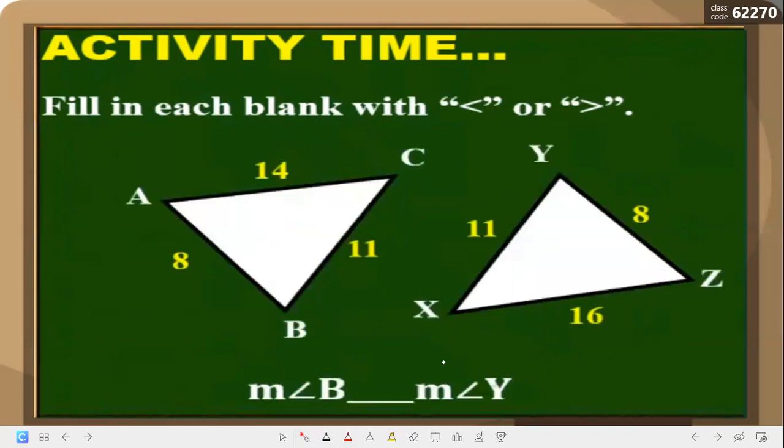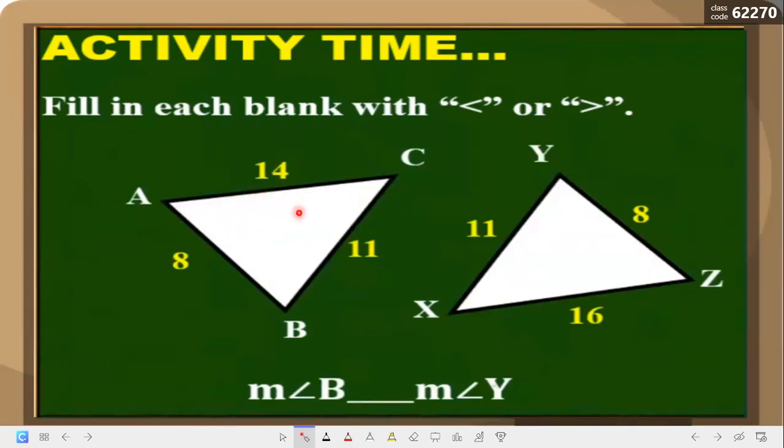Then, fill in each blank with greater than or less than. This is the converse of the hinge theorem. Given here are only sides, no?